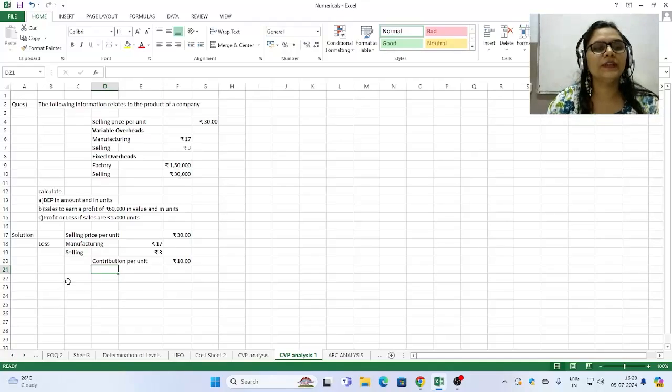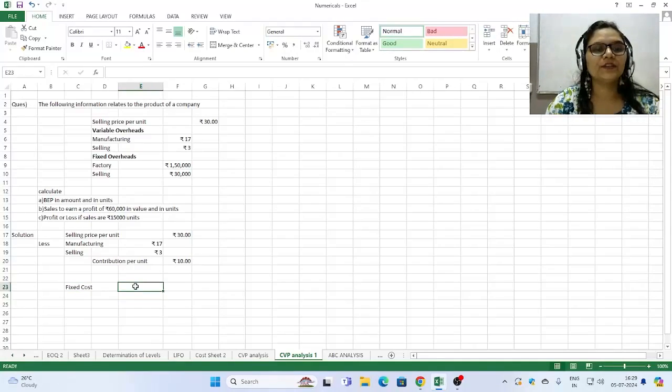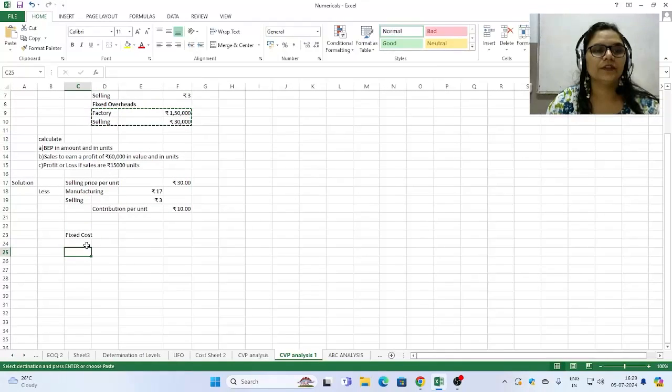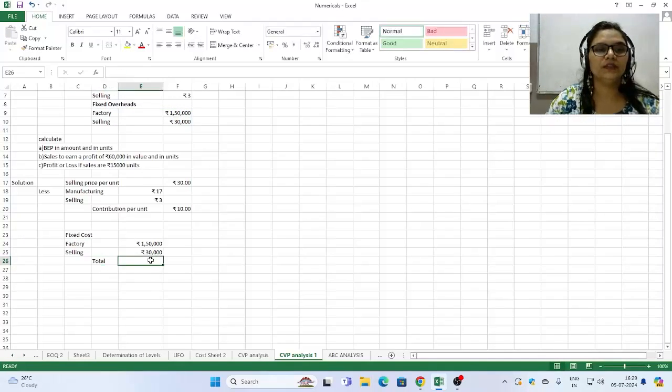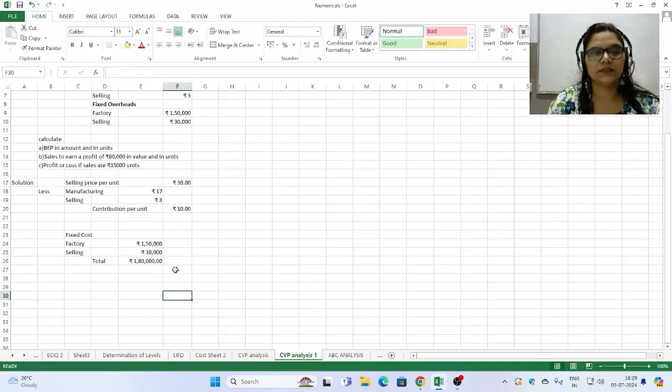Next we need to see the fixed cost. Fixed cost is given in terms of factory and selling, then the total cost will be 1,80,000.